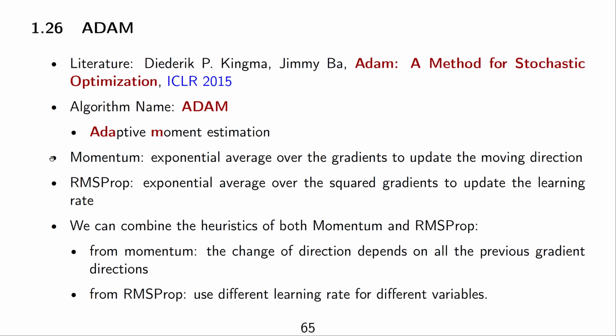The idea is to combine the last two algorithms. We take momentum, that is in the sense of exponential average of the gradients to update the moving direction, and we take RMSProp, that we have some exponential average over the squared gradients, that means each component is squared individually, to update the learning rate.